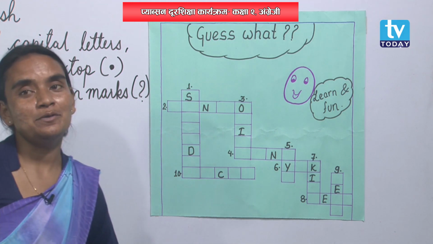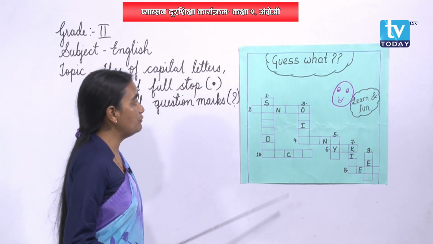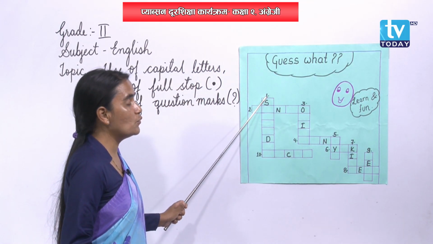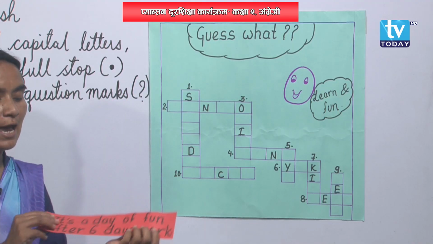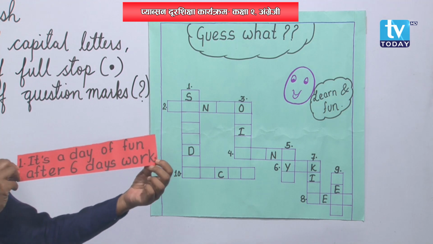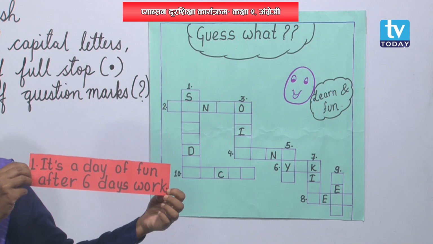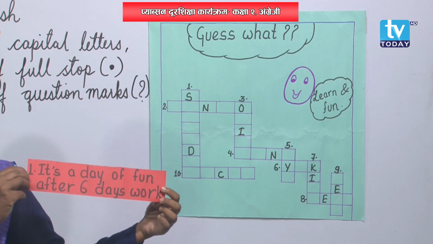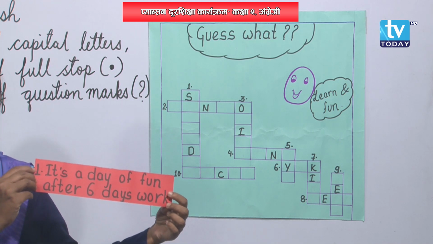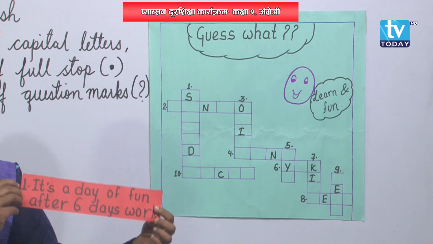Okay, dear children, the first instruction is for you to fill up the first word from number 1 top to bottom. Here we have, it's a day of fun after 6 days of work. We have 7 days in a week. But after 6 days, Sunday, Monday, Tuesday, Wednesday, Thursday and Friday, we will have lots of fun on this day.